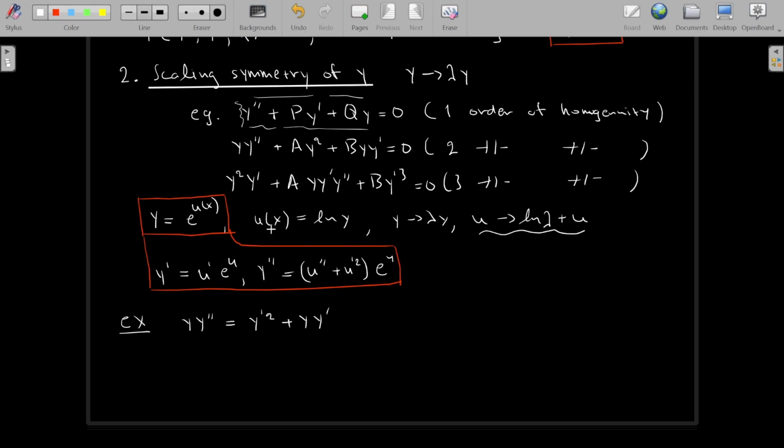We are going to use these transformations here, meaning what we are going to get is this and this, so this guy and this guy: e to the 2u, u prime prime plus u prime squared, is equal to u prime squared e to the 2u plus e to the 2u, u, right?